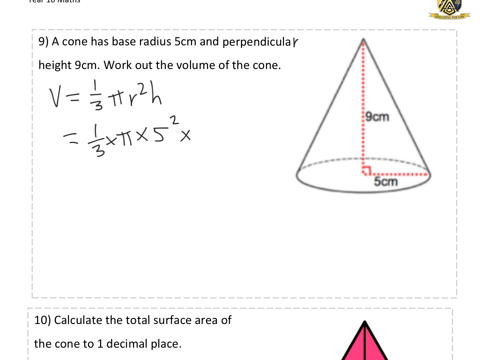And the height is the perpendicular height going vertically upwards from the centre there. That is 9 centimetres. Put that into a calculator, and we'll keep it the same as the rest of them, to 1 dp. That is 235.6 centimetres cubed because it's a volume.